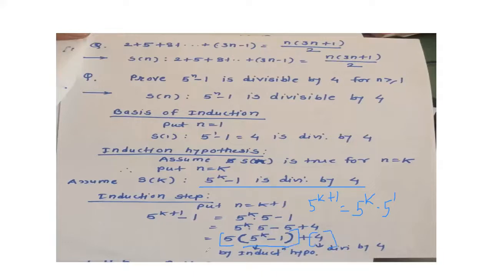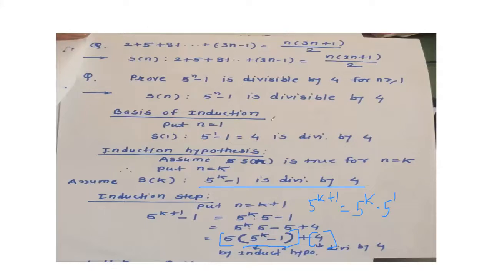So we can say that S of n is true for n equal to k plus 1. By the induction hypothesis and by divisibility, we can prove that 5 raised to n minus 1 is divisible by 4 for n greater than or equal to 1.